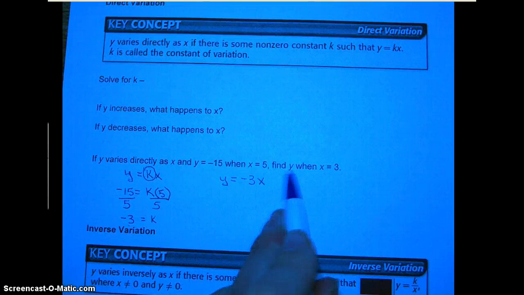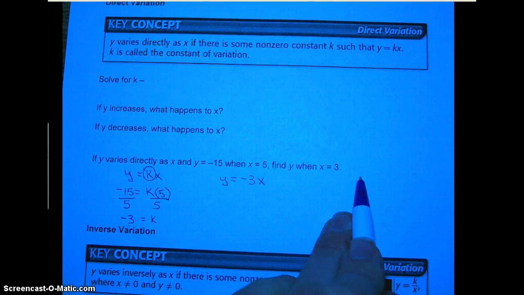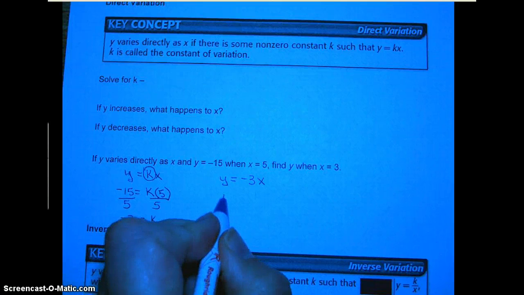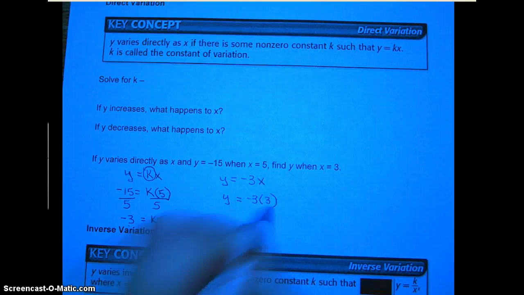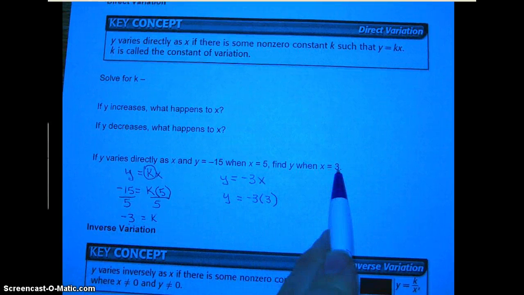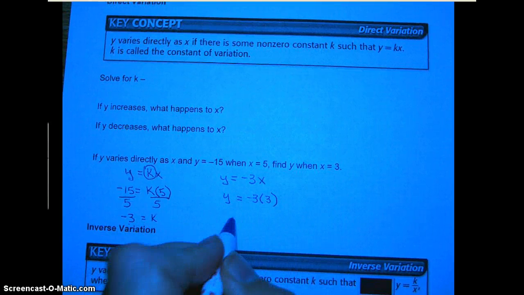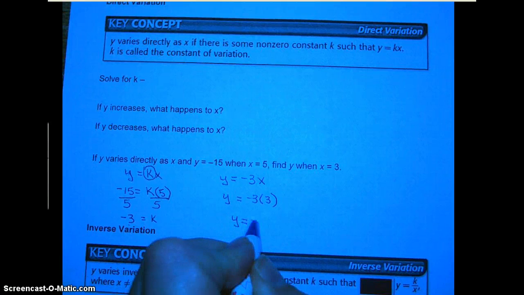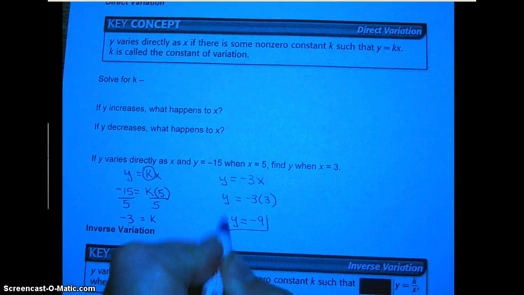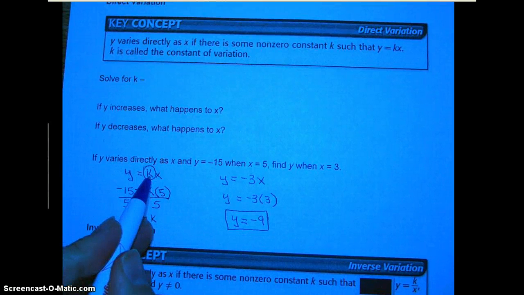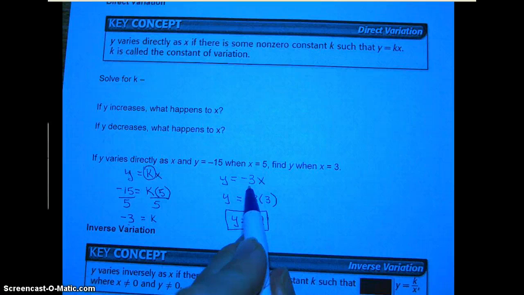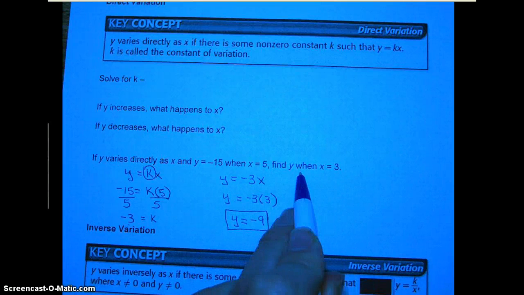It says find y when x equals 3. So we plug 3 in for x, and y equals -9. Remember, we have to solve for k first. Then we write the equation, and then we actually solve the problem that's given to us.